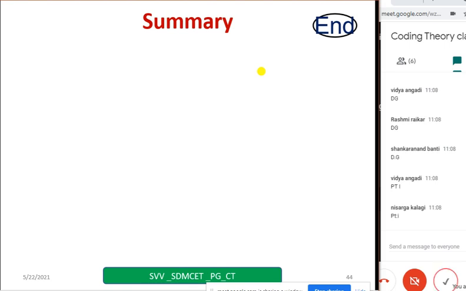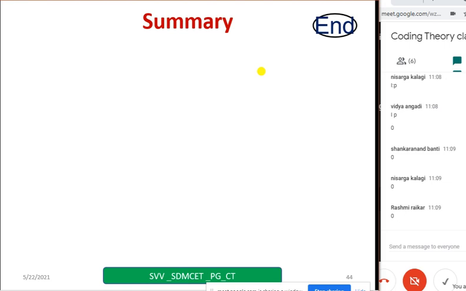And G equal to IP, correct. G equal to IP. And CH transpose equal to 0, correct.